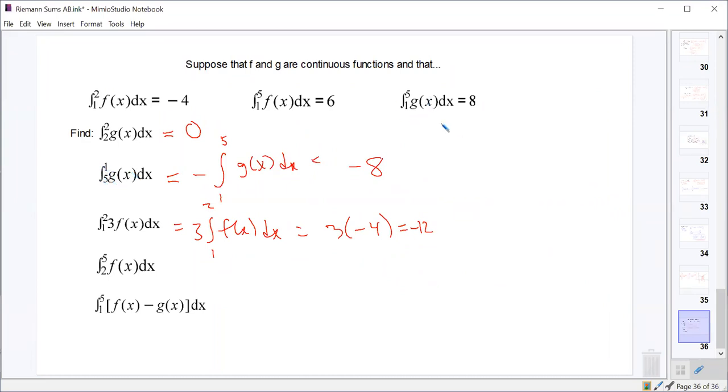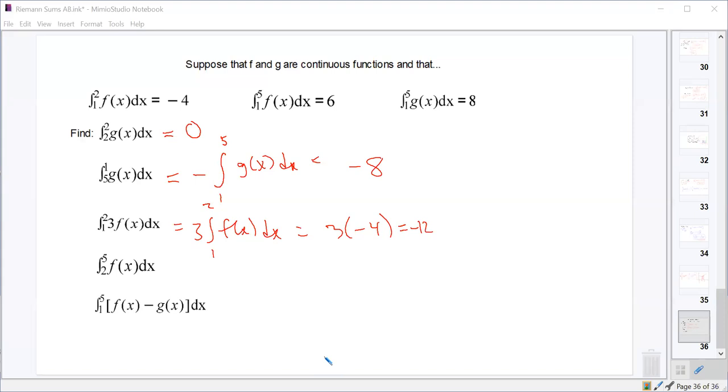If we flipped it to make it the opposite of the integral from 1 to 5 of g, it should be the opposite of 8. Everybody good with that? Okay. Then everybody good with the next one too? Pulling the constant of 3 out and then just doing the integral from 1 to 2 of f times the 3? Yes.